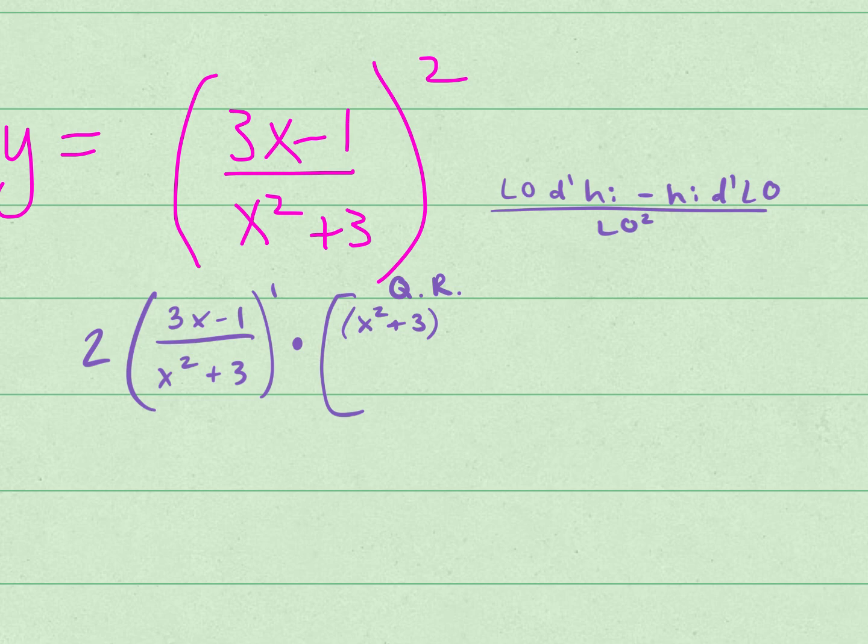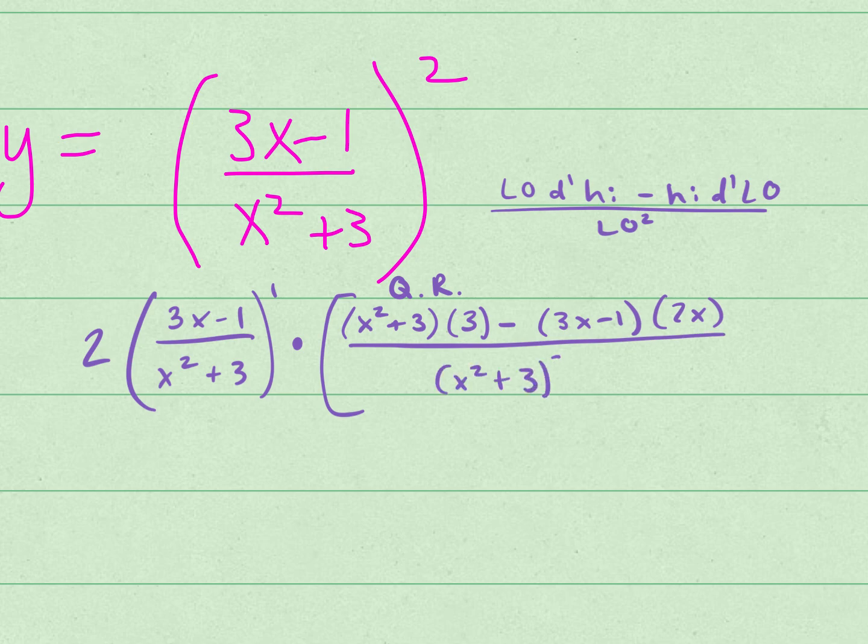What's the derivative of our numerator? 3 minus what's up high, so 3x minus 1 times the derivative of our denominator. What's the derivative of our denominator? 2x over our denominator squared. So x squared plus 3 squared.